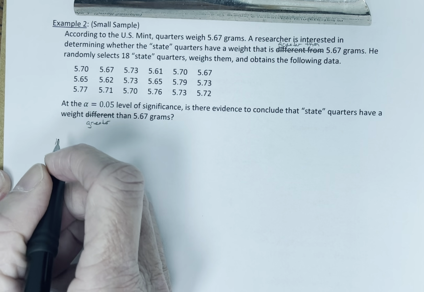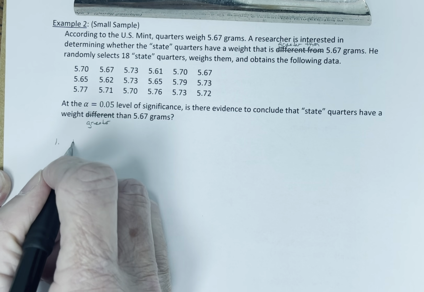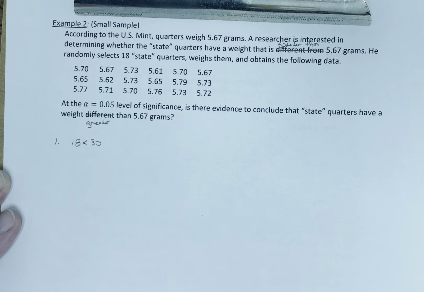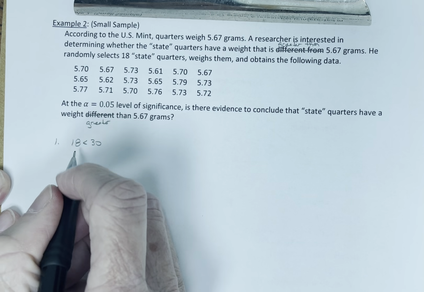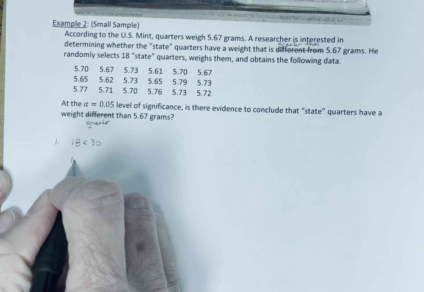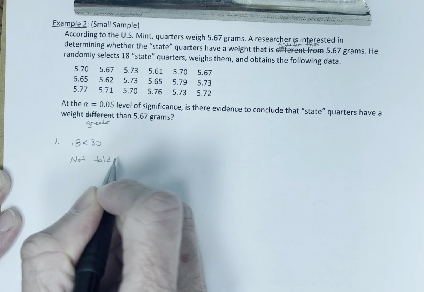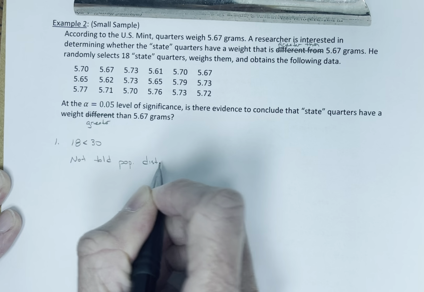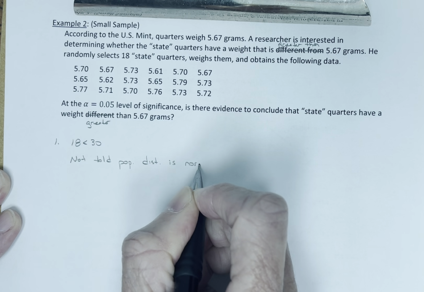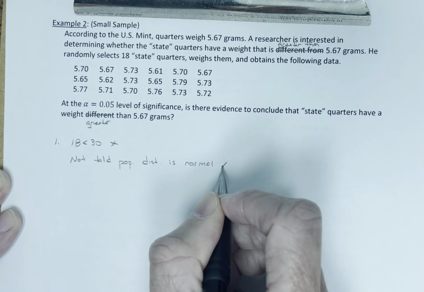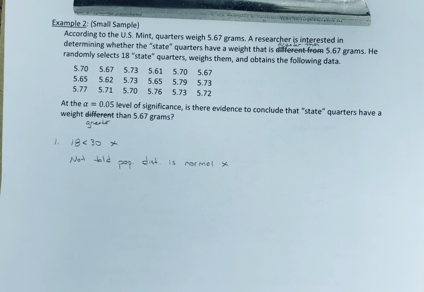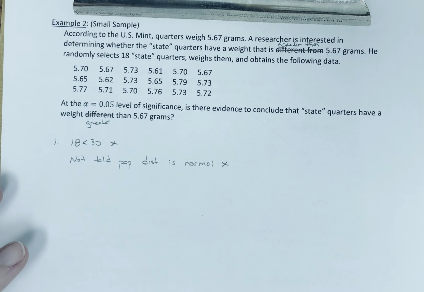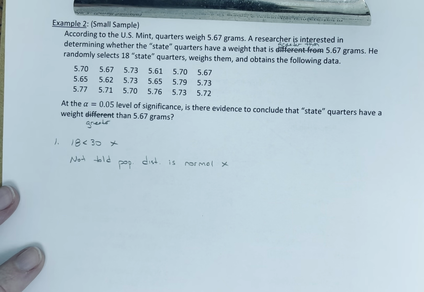Okay, so check our conditions. Well, first off, 18 is less than 30. So the sample size is not large enough. We're also not told the population distribution is normal. So these two things are X's. One of those two things has to be true. So what do we do? We go into our normal probability plot, also known as the QQ plot.